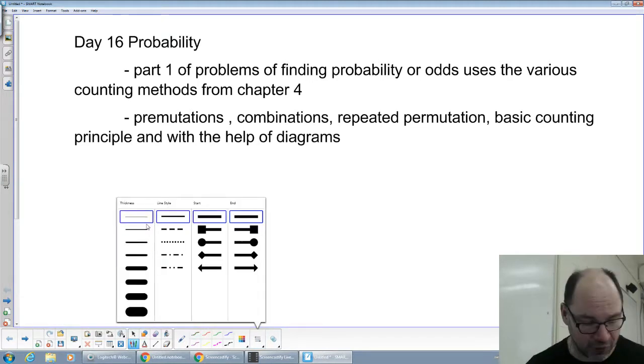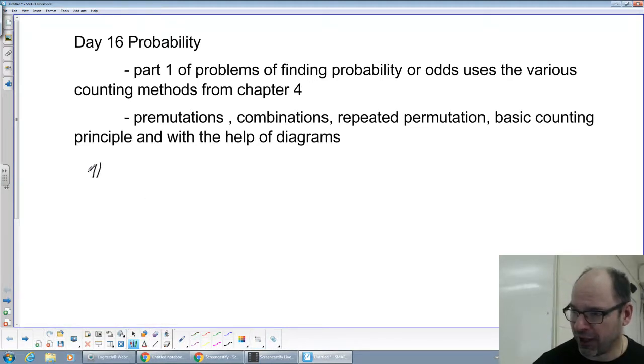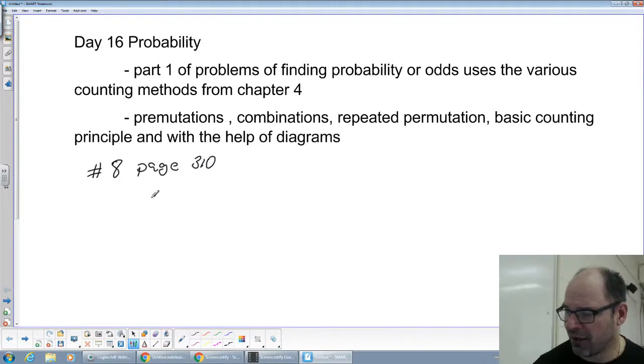This question is a good example of percent values and odds.